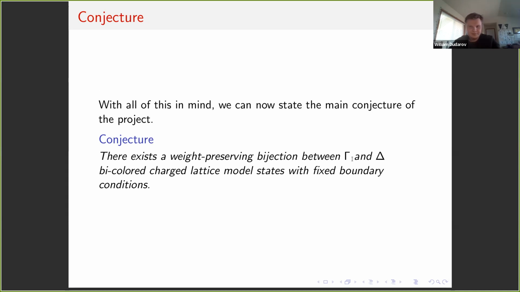And so with all of this in mind, we can now state the main conjecture of this project, and that is that there exists a statistic-preserving, weight-preserving bijection between gamma and delta bicolored charged lattice model states with fixed boundary conditions. That's a mouthful. Maybe we should shorten it to something else.